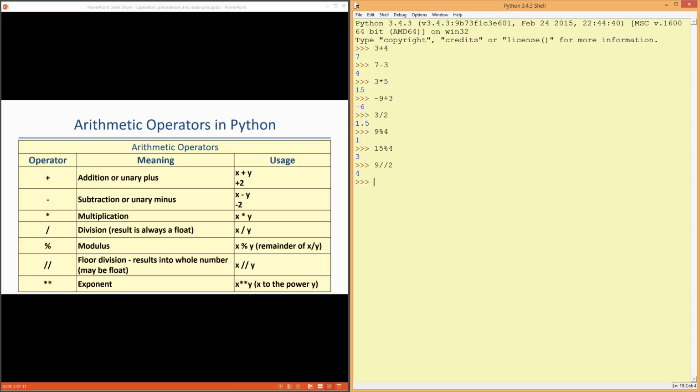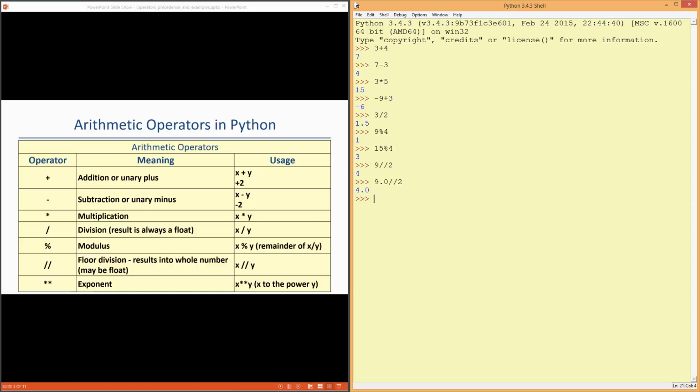Notice that if I say 9.0 // 2, even though the answer is a floating point number, however, it is still the whole part of the number. So when you use the floor division, if one of the numbers that you use is a floating point number, the answer would be a floating point number, but it still would be the whole part of the number.